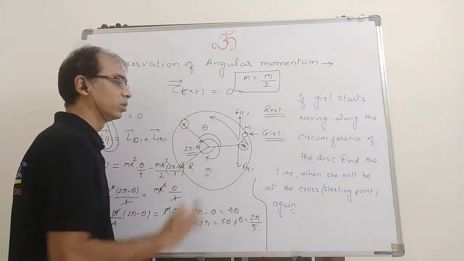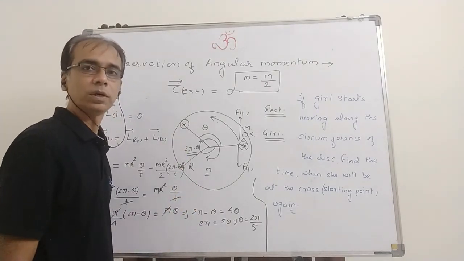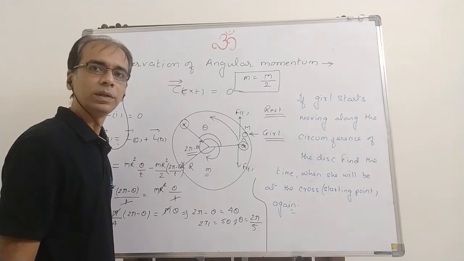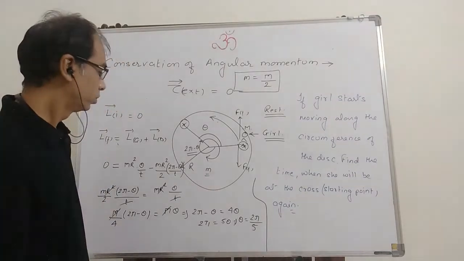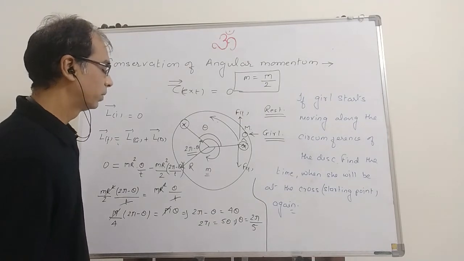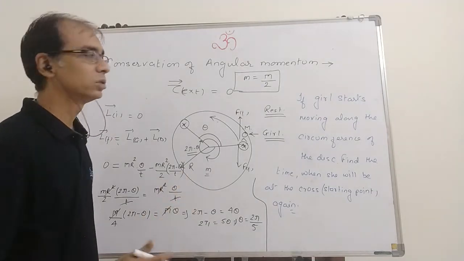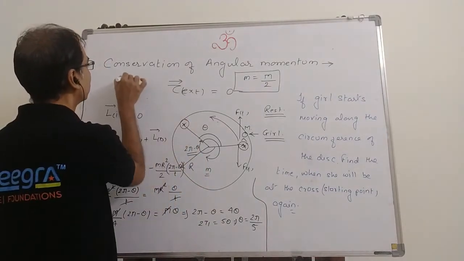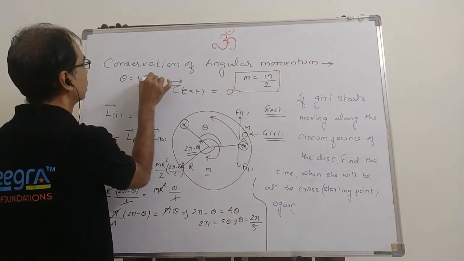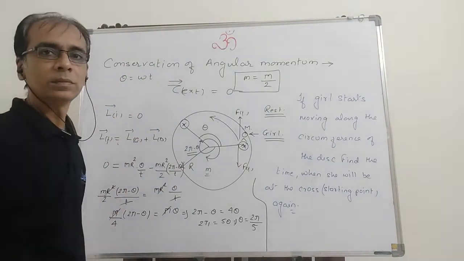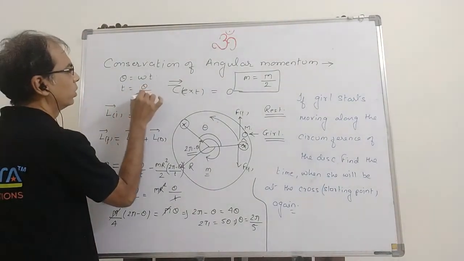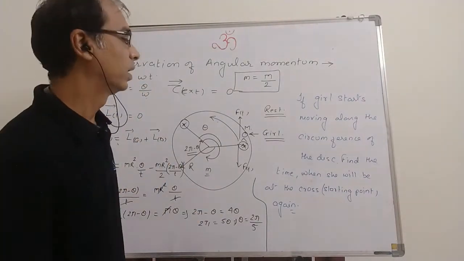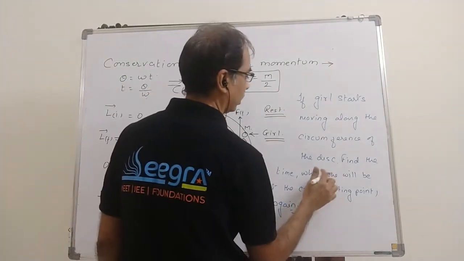So here we got the position. Now what more do we have to do? 72 degrees in how much time? Theta equal to omega t, we can bring it on average, so t will be theta by omega. Normally t is not asked.